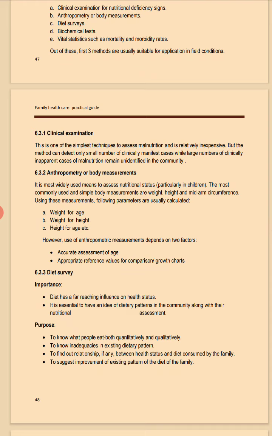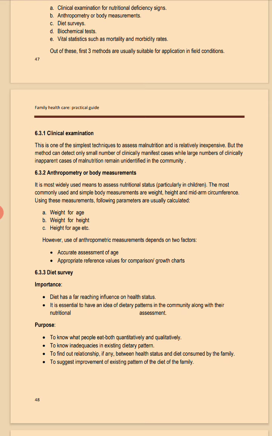So clinical examination, I shall be mentioning more of clinical signs and symptoms later, and I mentioned some signs and symptoms already. Regarding anthropometry, I also mentioned what the measures of anthropometry are. Remember that in a child, do not forget weight for age, height for age, weight for height, and in case of adults, do not forget BMI and waist-hip ratio.